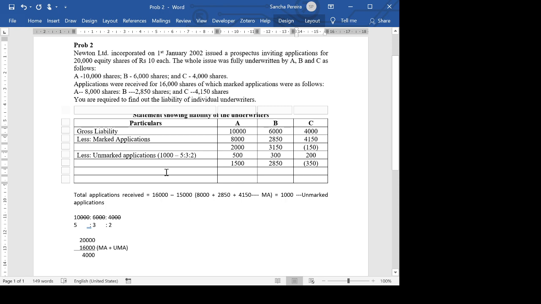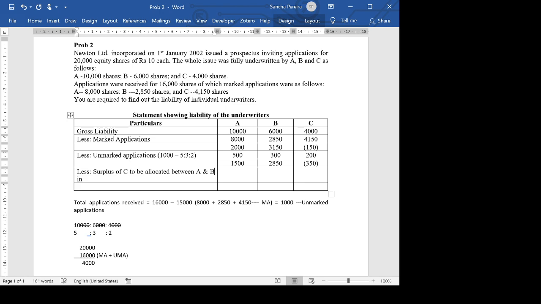So what I'm going to say is: less surplus of C to be allocated between A and B in the ratio of gross liability. That means I'm going to divide this 350, which is extra for C, between these two.